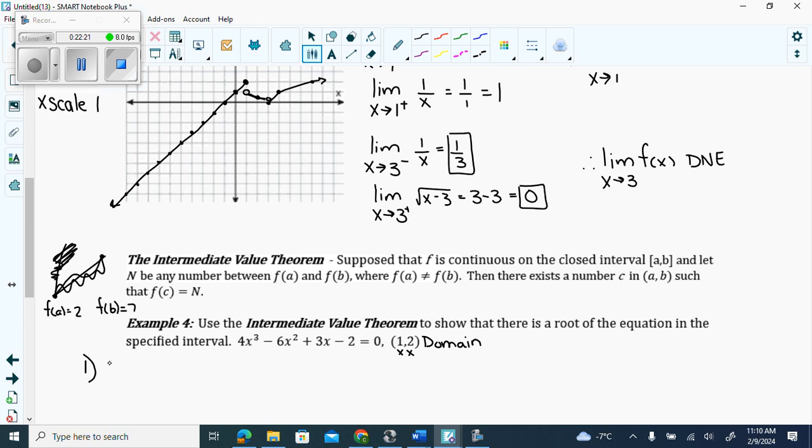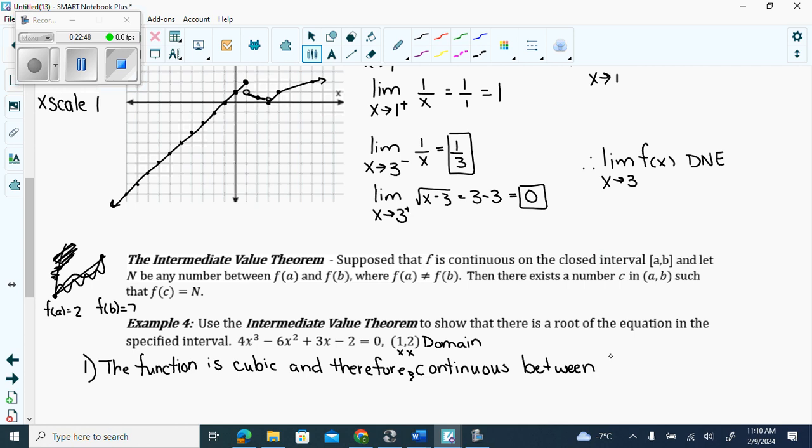So the function is cubic, and therefore continuous between 1 and 2.